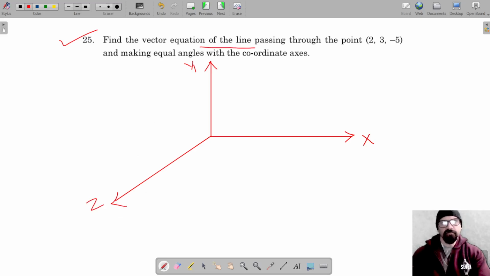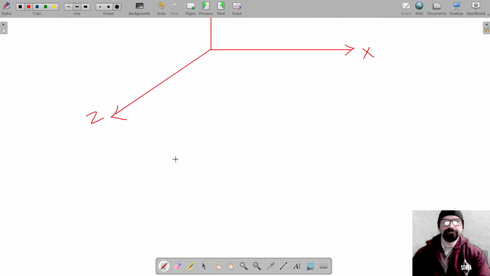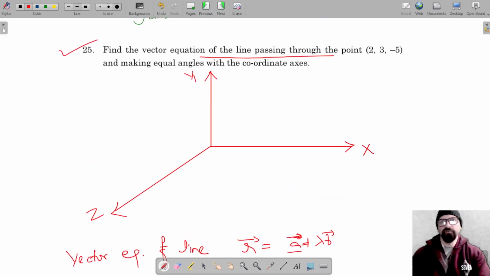Now, the vector equation of a line is given by r vector is equal to a vector plus lambda into b vector, where a is the position vector of the point through which it passes.